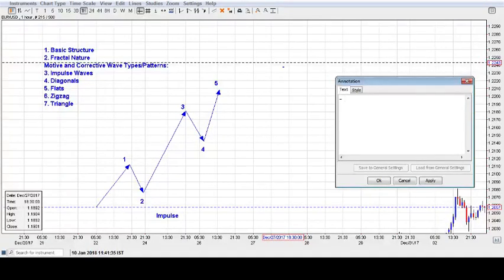The first one would be that wave 2 does not drop below wave 1, or the head of wave 1.